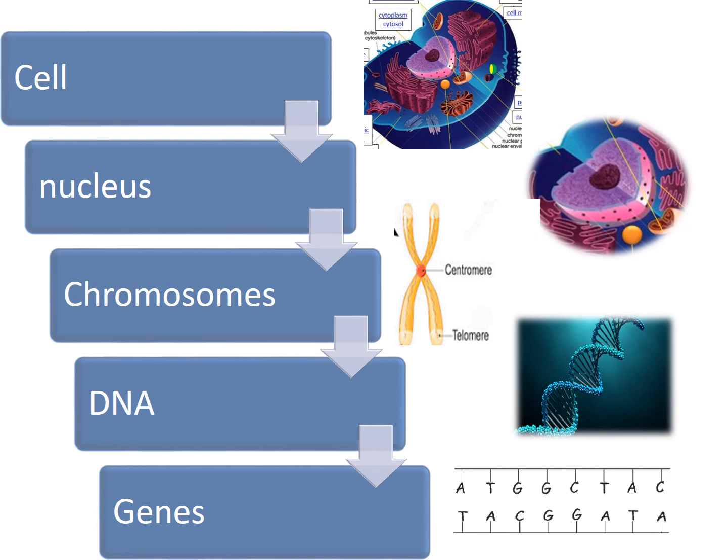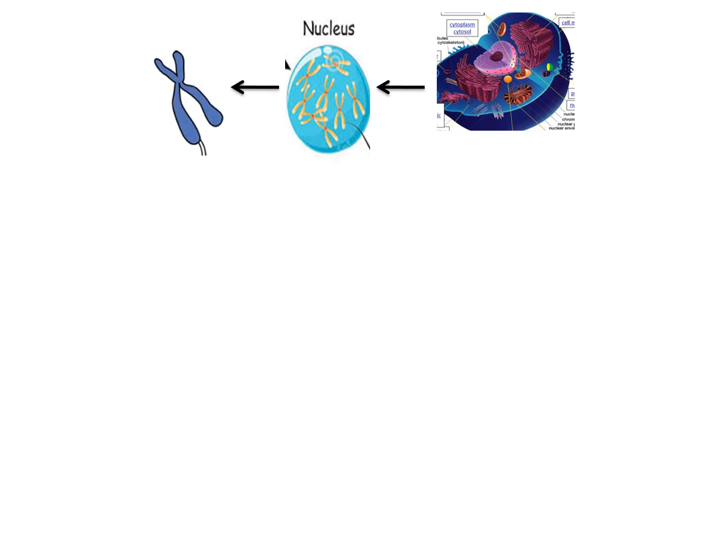Okay, now the same thing we will look at one by one. So we again start with the cell. The cell has nucleus in it. The nucleus has chromosome in it. Now, if you look at the chromosome, as I already told you, it is a condensed form of DNA. To understand it better, we can relate it to a bundle of thread.